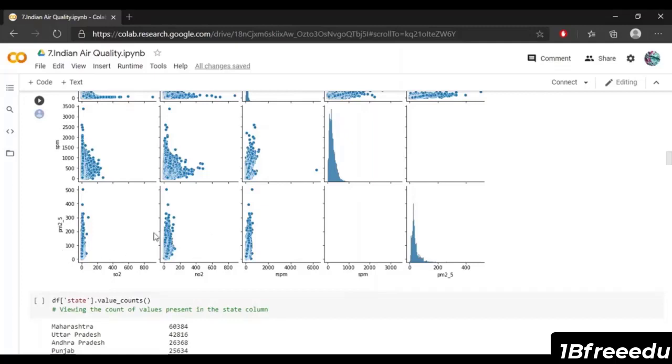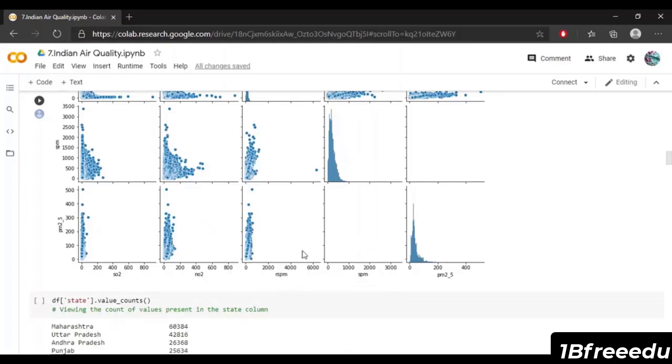But when it comes to the second scatter plot over here, the x-axis has been changed, whereas the y-axis remains the same for all these scatter plots. So only the x-axis will change over here. That is, NO2 is on the x-axis now, but PM2_5 is again similar. And in this scatter plot, we have RSPM, and again the x-axis has been changed, whereas the y-axis remains the same.